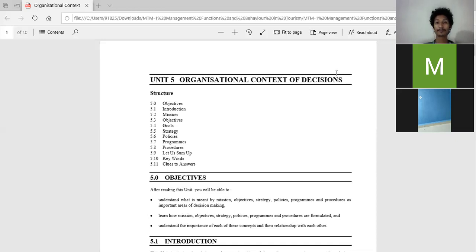When you make decisions, what is the organizational context, meaning the relevance, organizational features, features of decisions?